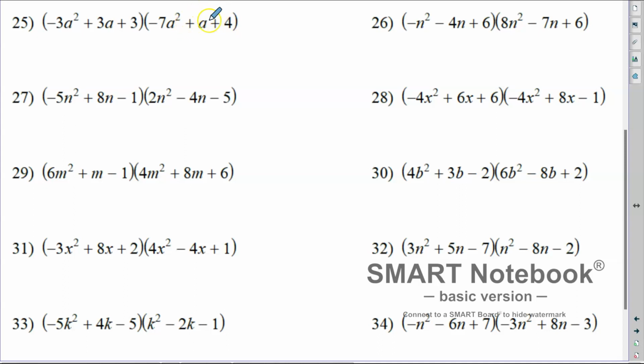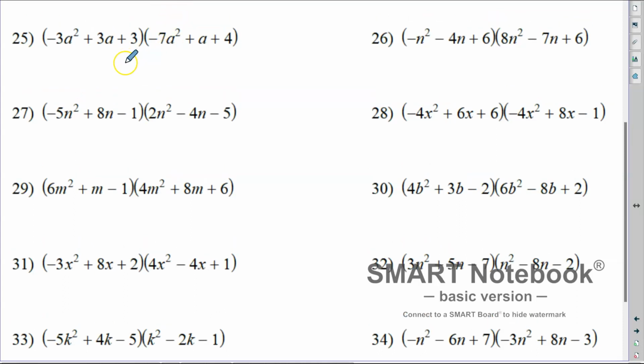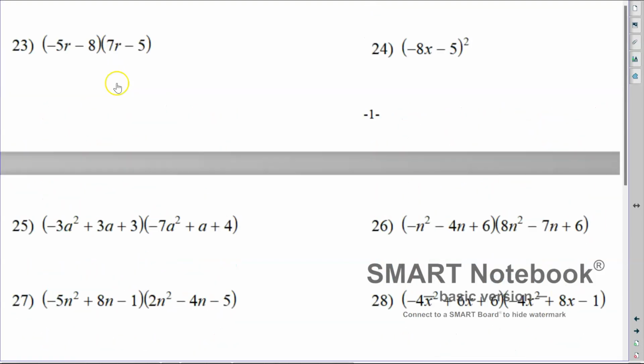How do I know that? Because they're separated by pluses. So I have a trinomial times a trinomial. All that means is I'm going to have more work. But it's the same process of distribution. This first term to these 3, then him to the 3, then him to the 3. So I'm going to have 3 times 3, which is 9 terms.